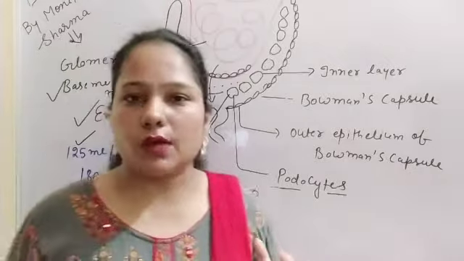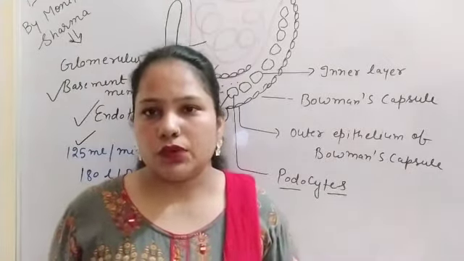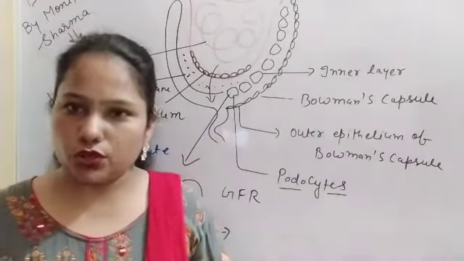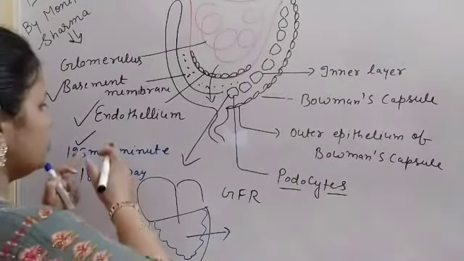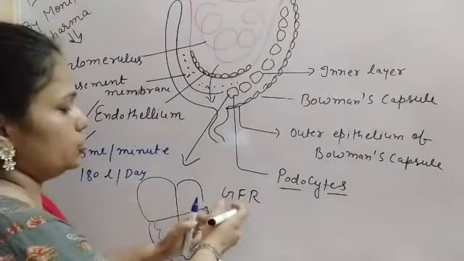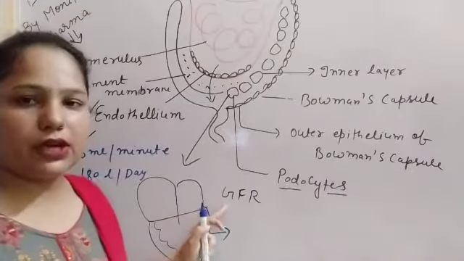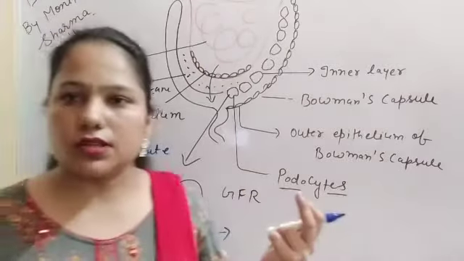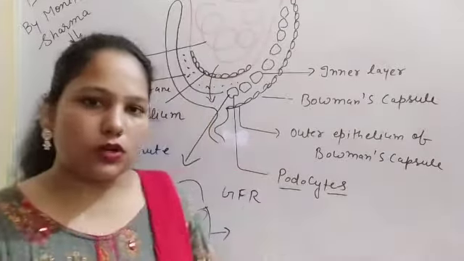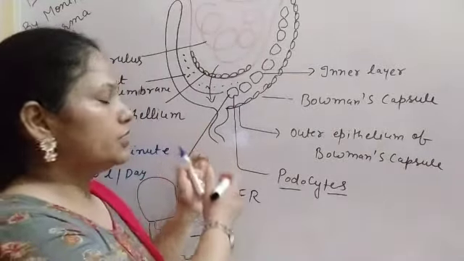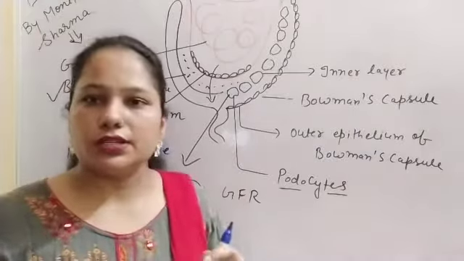There are some internal mechanisms. To regulate the function of the kidney, we have to maintain the GFR, and it can be regulated during the summer or winter season. It also affects tubular reabsorption and tubular secretion.